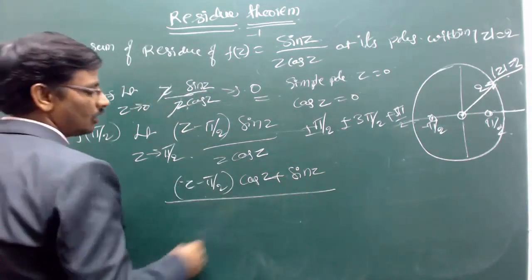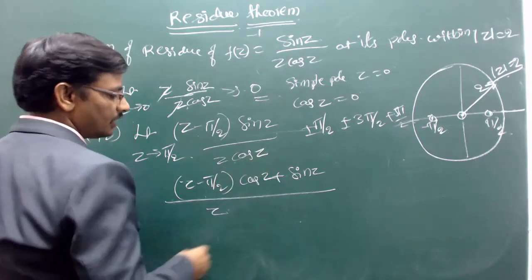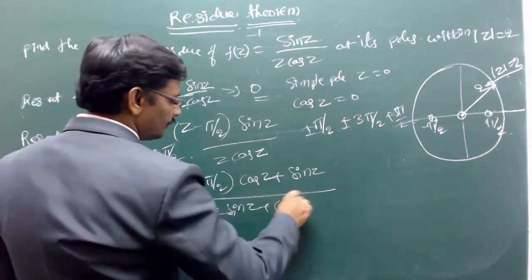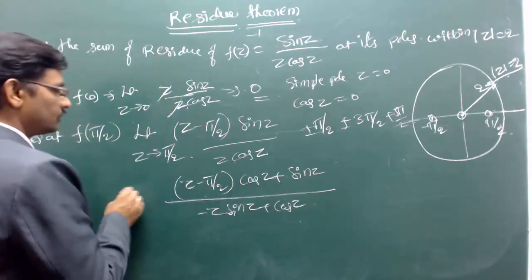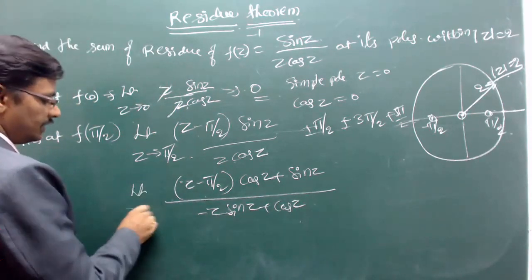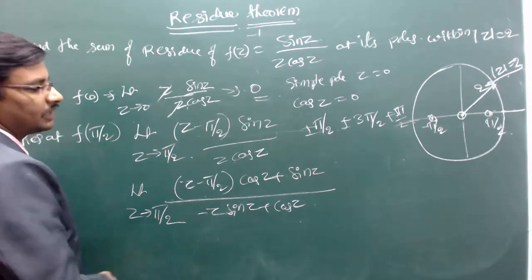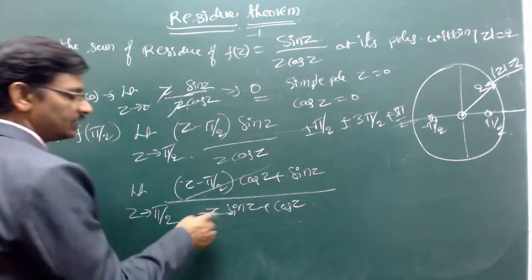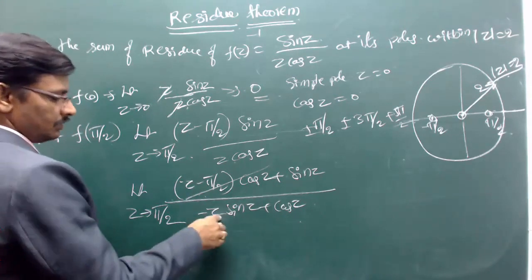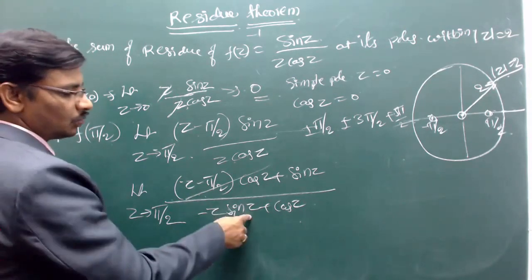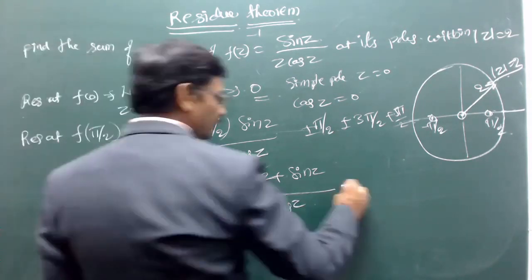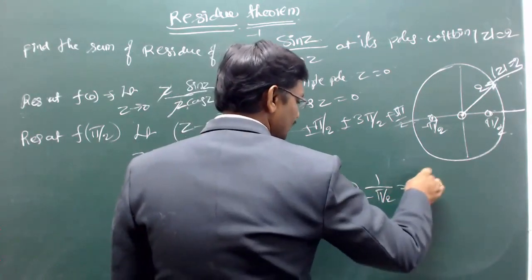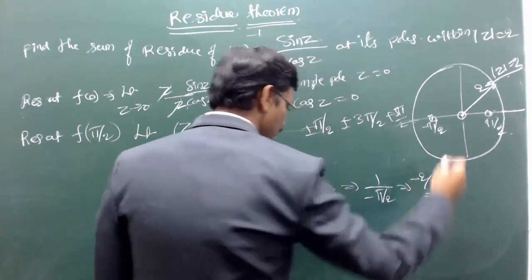In the denominator, z into derivative of cos z, which is minus sin z, plus cos z into 1. This is the limit z tends to pi by 2. Now if z tends to pi by 2, the first term will be 0, sin z will be 1, and the denominator will be minus pi by 2 into 1 plus 0. So this is 1 by minus pi by 2, which is minus 2 by pi, one residue value.